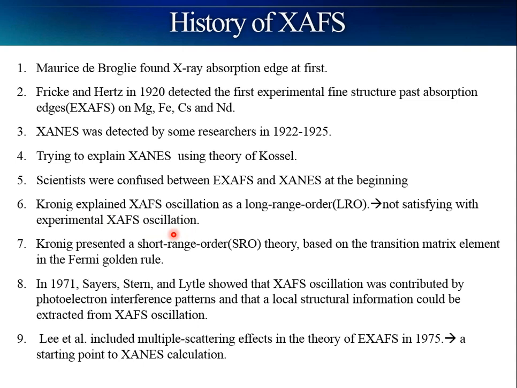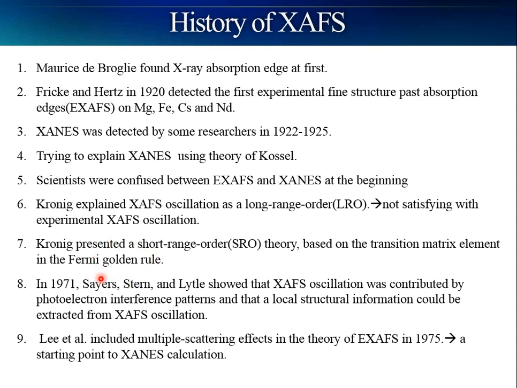The next year, Kronig presented a short-range order theory based on the transition matrix element in Fermi's golden rule. That is the theory of the EXAFS. Okay.